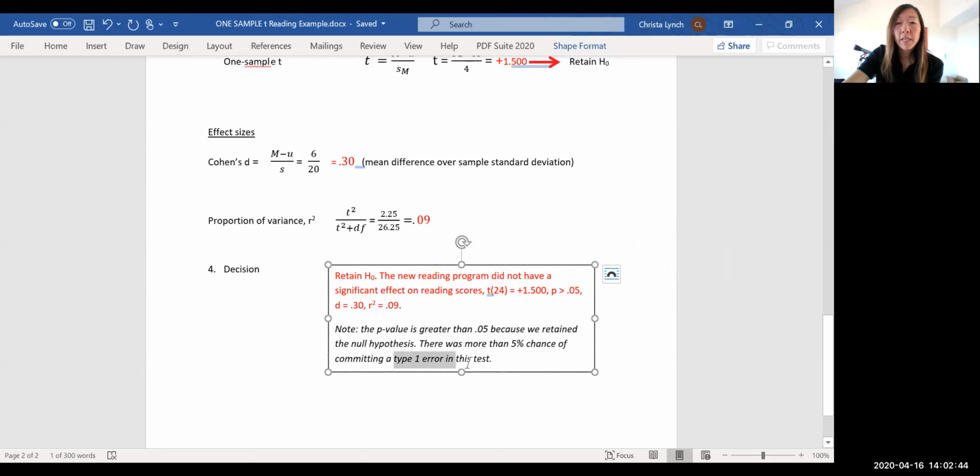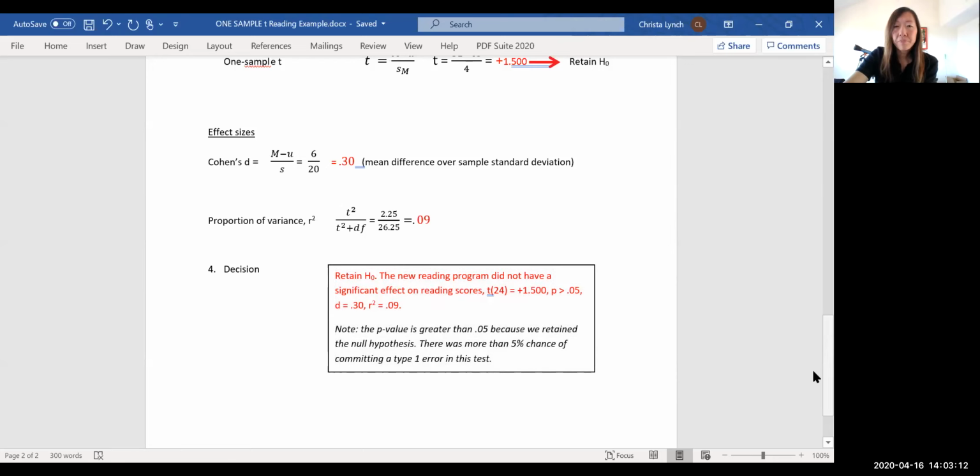A type 1 error is saying that we rejected the null hypothesis, or that we did find a treatment effect, when there really wasn't one. So that's essentially what that description is. This would be exactly a part of that question on your assignment that asks how you would interpret the decision.